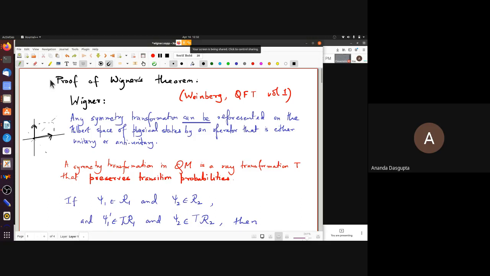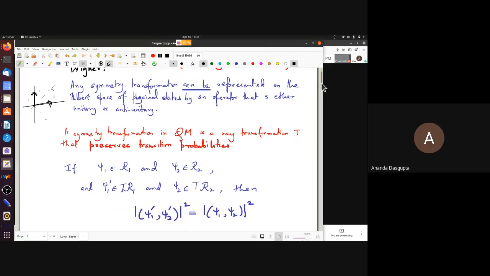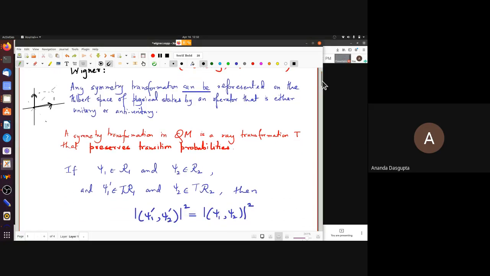Okay, so coming back to what this theorem really says, first let's define what a symmetry transformation is. So it is a ray transformation. That's the first point. It's a transformation capital T which carries rays into other rays, because it carries physical states to other physical states, right? So there is one thing you have to bear in mind. What you're doing to a system changes its states.